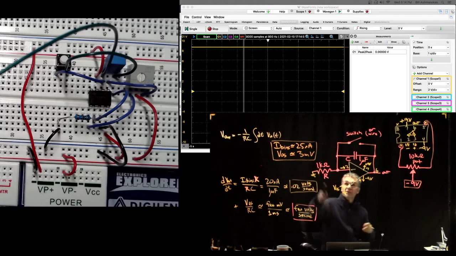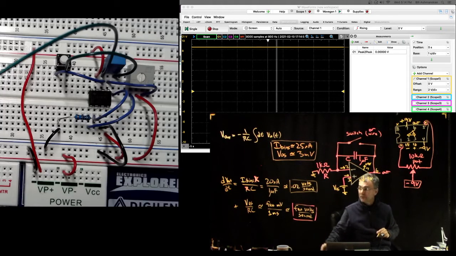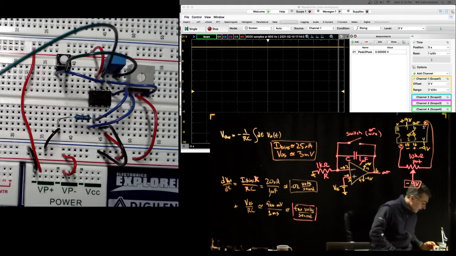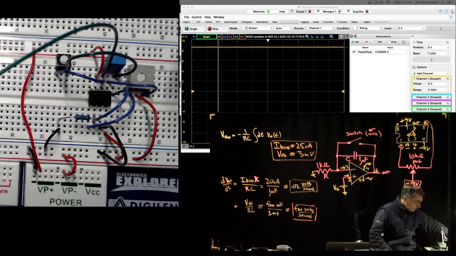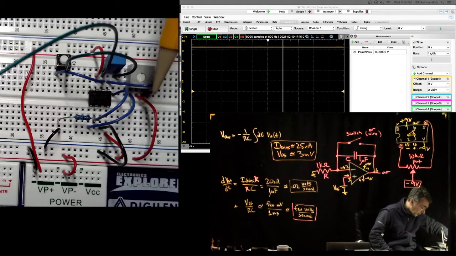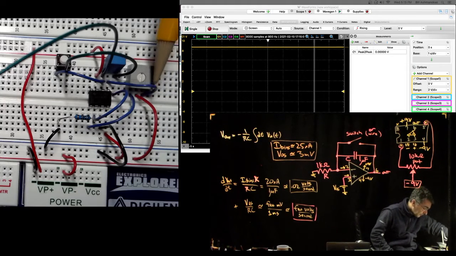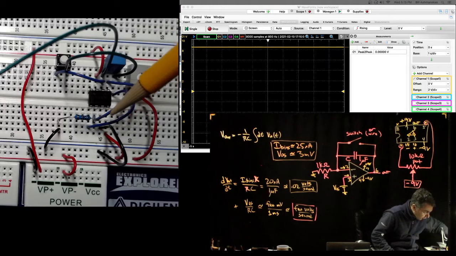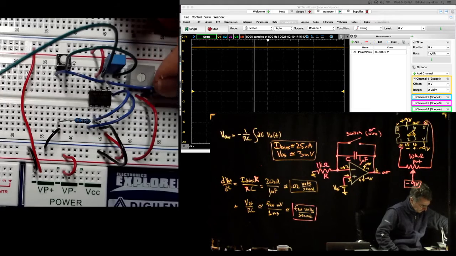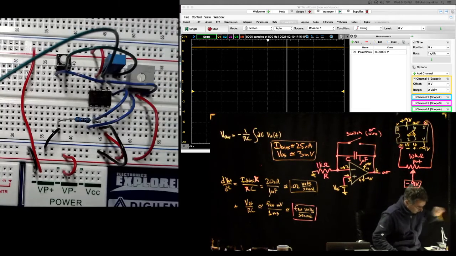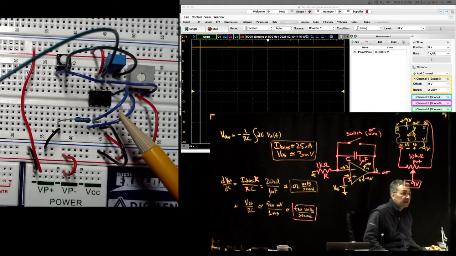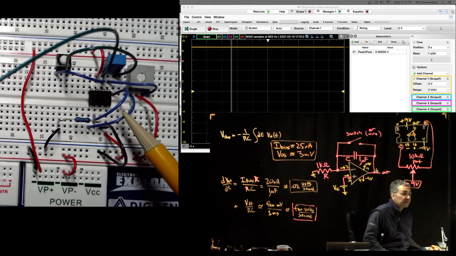So now we have the V offset over RC effect over here. And then the two ends of this trim pot, this potentiometer: one end is this little blue wire going to pin 1, that's the left end of the potentiometer.